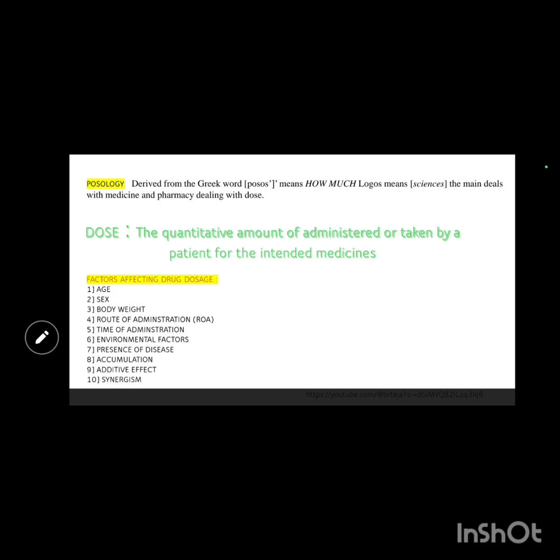Dose is basically the quantitative amount of drug administered and taken by the patient for the intended medicinal effect. Simply, suppose you go to the doctor and you are suffering from fever.